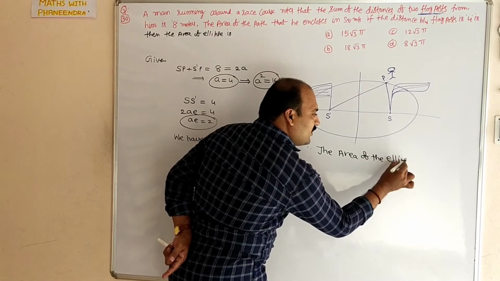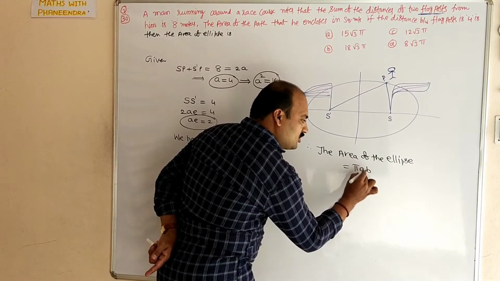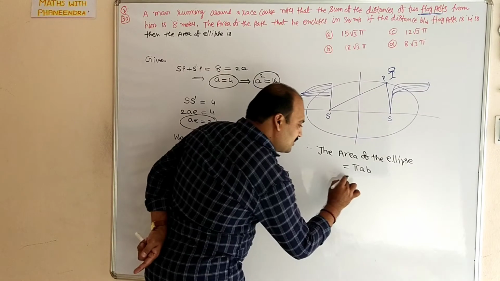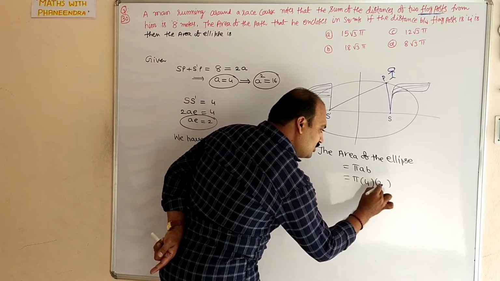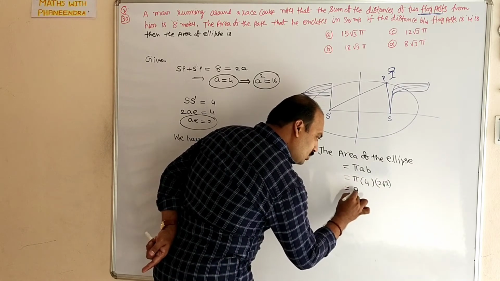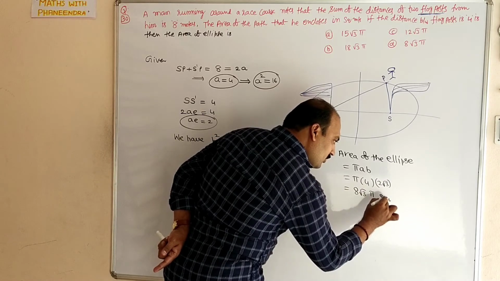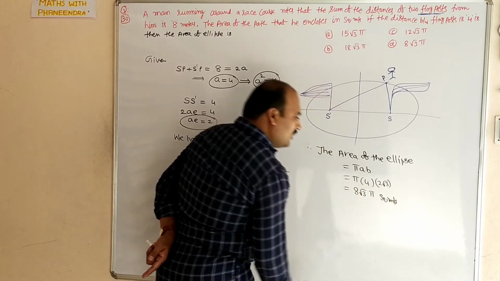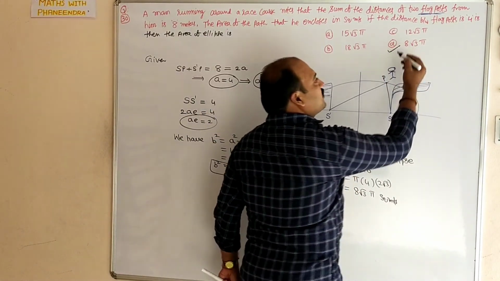In the previous video we discussed the area of ellipse. It is pi A B square units, which is equal to pi into A value 4 into B value 2 root 3, which is 8 root 3 into pi square units, here square meters accordingly. Therefore 8 root 3 pi, which is there in the fourth option.